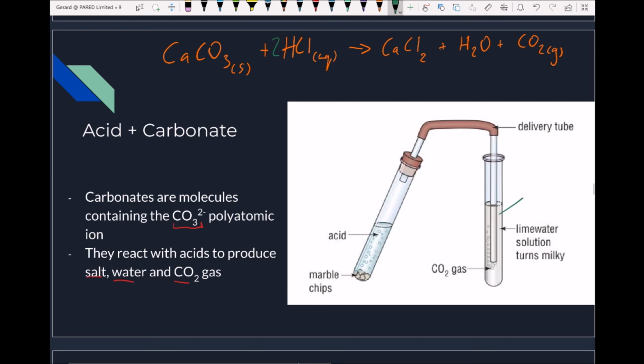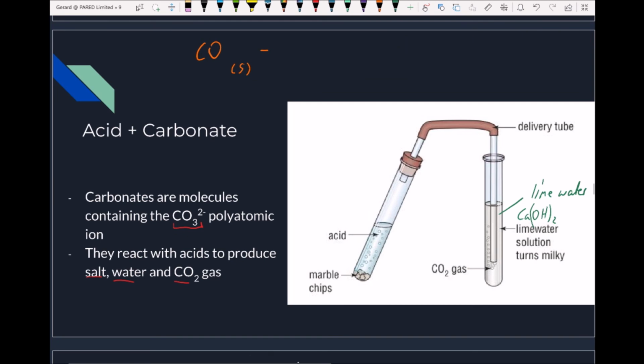known as lime water. Lime water is a solution of calcium hydroxide. Let me just draw this equation really quickly.